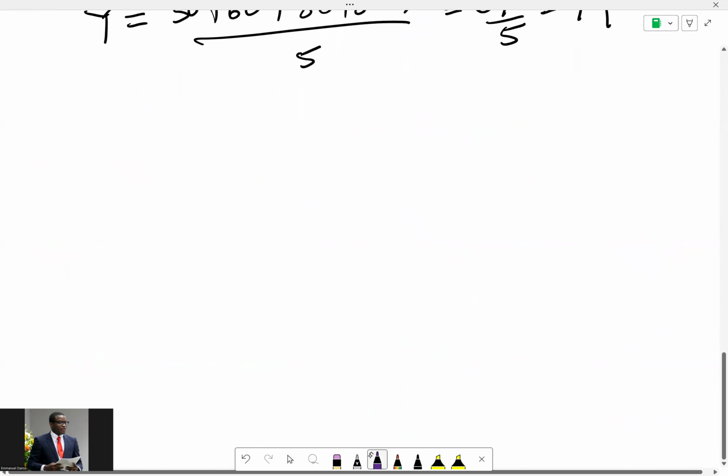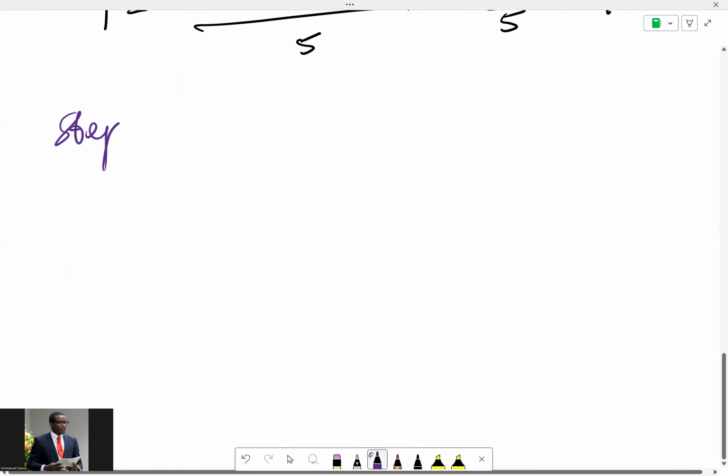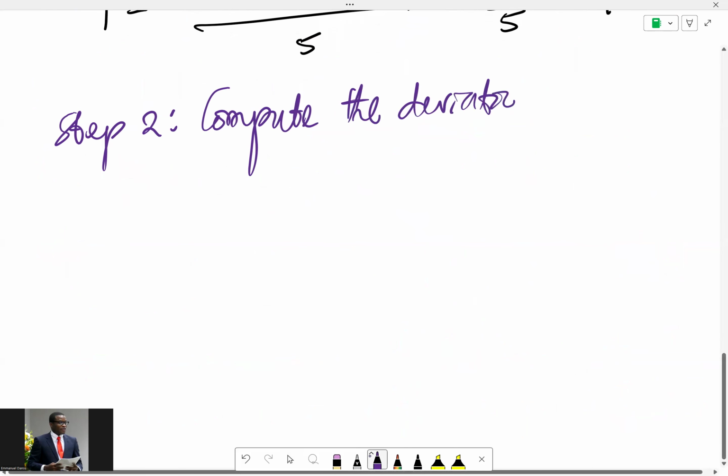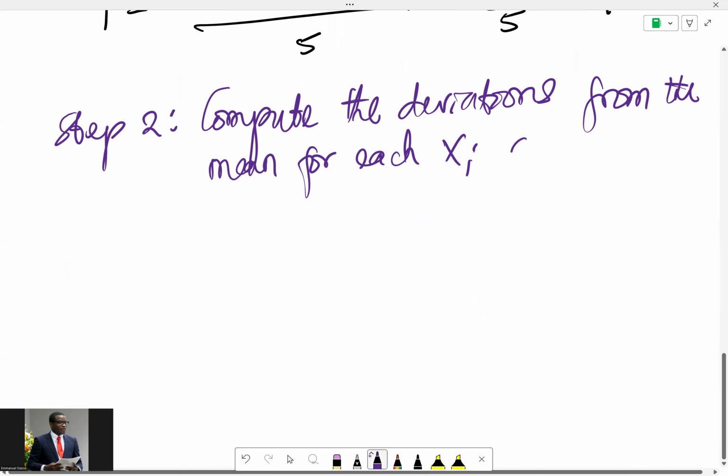Step 2. For step 2, we have to compute the deviations from the mean for each xi and yi.